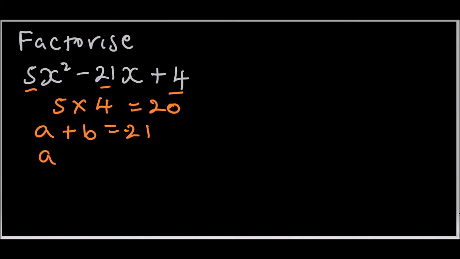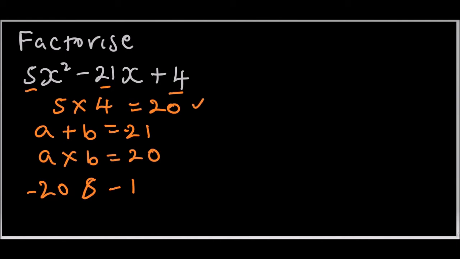Then a multiplied by b should give you 20. You see here we have the product of 5 and 4. So we can try two numbers. We can say minus 20 and minus 1. When you add minus 20 and minus 1, you get minus 21. When you multiply minus 20 multiplied by minus 1, you get 20, which we have got here.